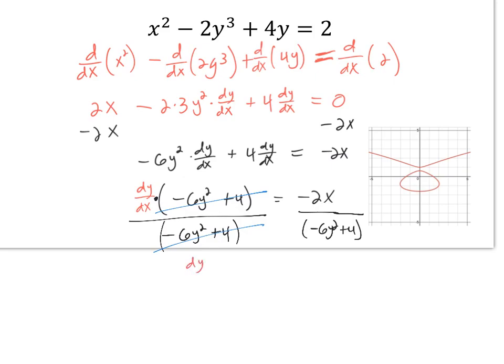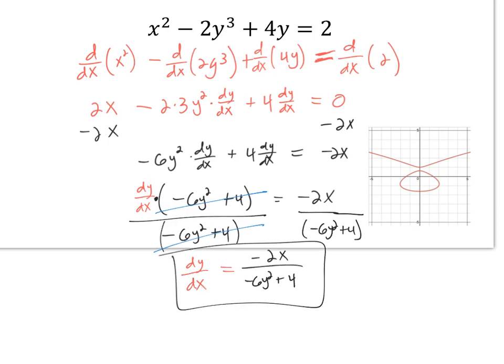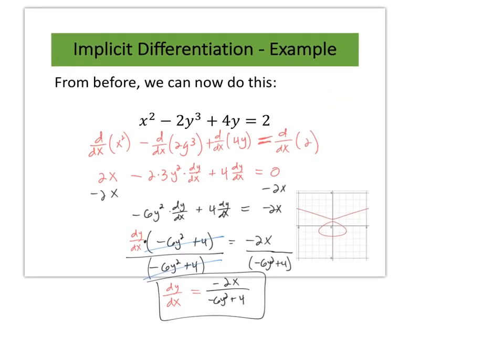I'm left with dy dx, and then my answer is negative 2x divided by negative 6y squared plus 4. And so they look really bizarre, but all I've done is use the chain rule on y because I need to.